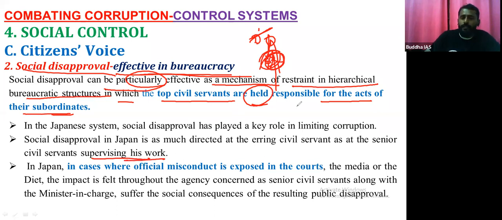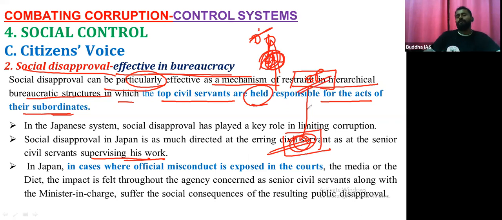So in Japan, say for example, if a constable is caught in a corruption case, just imagine, the same shaming, social disapproval, which is there for this person will also be there for the person who is above in the hierarchy, maybe your SP. If these kind of things happen in India also, then definitely things will be all right.